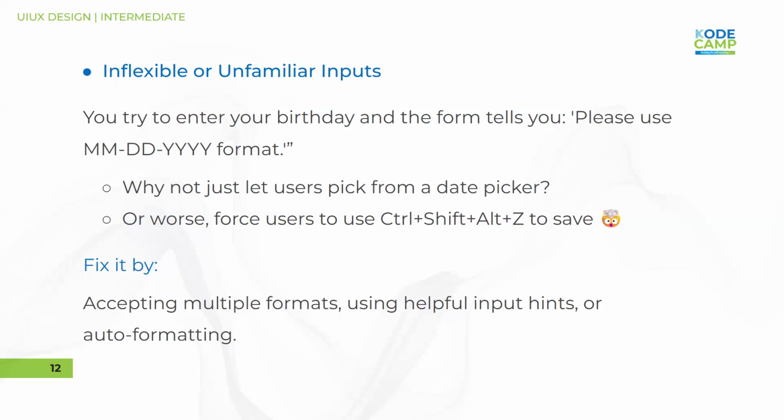So accepting multiple formats, using helpful input hints or auto formatting could help in this. Users could mistakenly not know it is month, day, and then year. So what they could do is, after typing it, it auto formats it to what the system wants. This is a way we can also sort this.